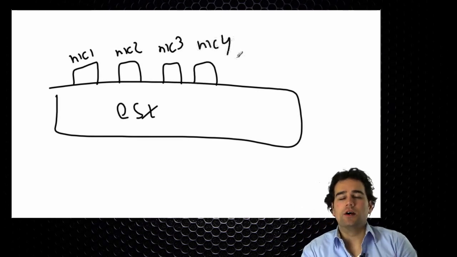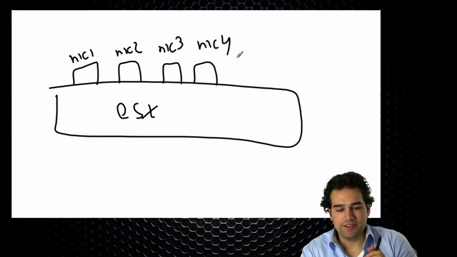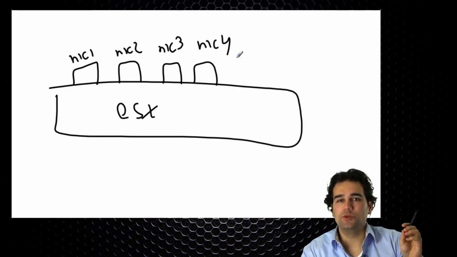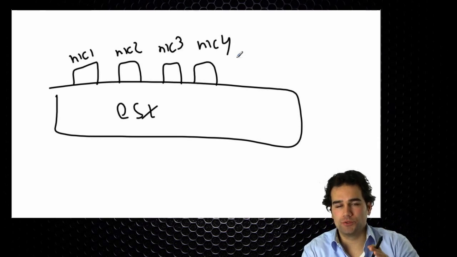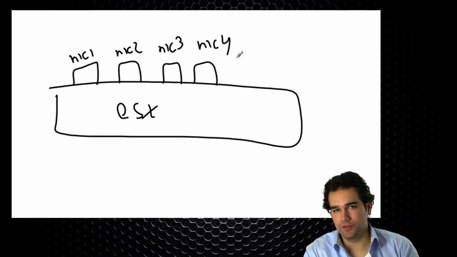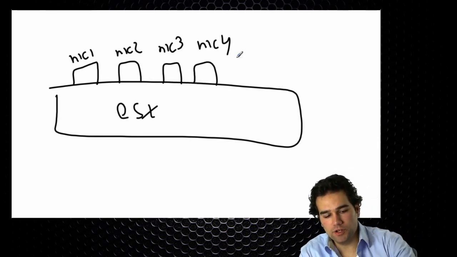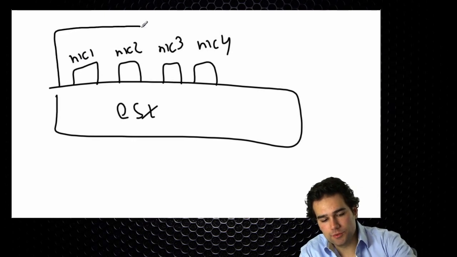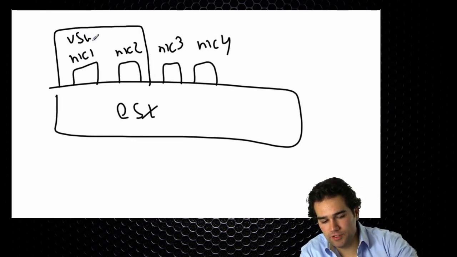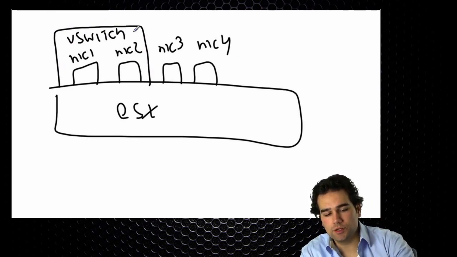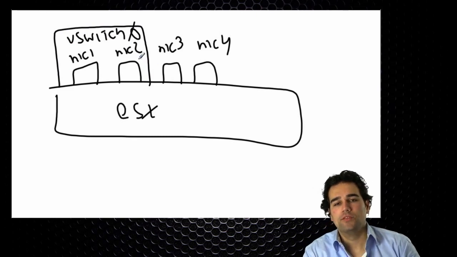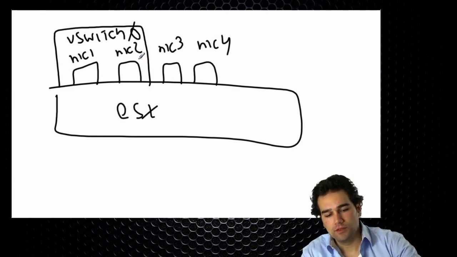Those NICs are inserted into virtual switches. So I can run multiple virtual switches on my ESX server. So I'm running a standard virtual switch here, so a normal vSwitch, and I say NIC 1 and NIC 2, you belong to virtual switch number 0. That is a normal vSwitch.